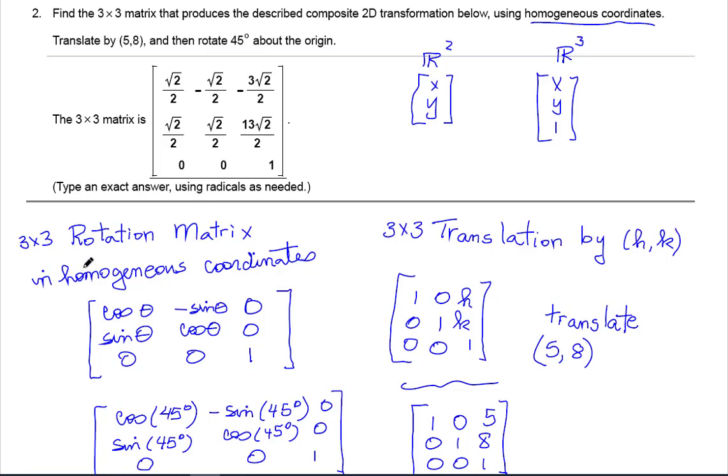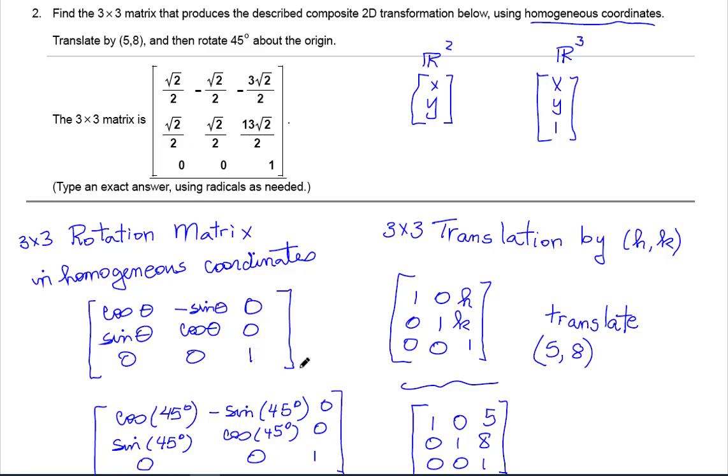My rotation matrix in 2 dimensions is normally cosine theta, minus sine theta, sine theta, cosine theta. But in terms of homogeneous coordinates in R3, I've got cosine theta, sine theta, 0; minus sine theta, cosine theta, 0, my X and Y in R2, and then 0, 0, and 1.